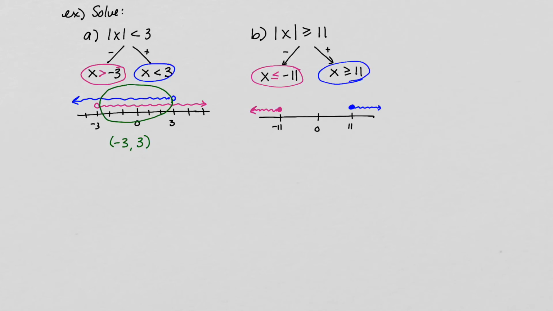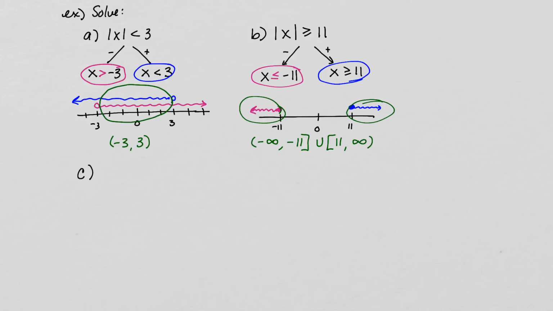And now if you notice, nothing overlaps, right? So if nothing overlaps, then I actually have to take both of those pieces. If they overlap like they did here, I'm just going to take the overlap, but if they don't overlap at all, I'm going to take each of the parts. So we're going to take this piece and this piece. So this first piece is going to be from -infinity to -11 with a closed bracket, union, closed bracket, 11 to infinity.